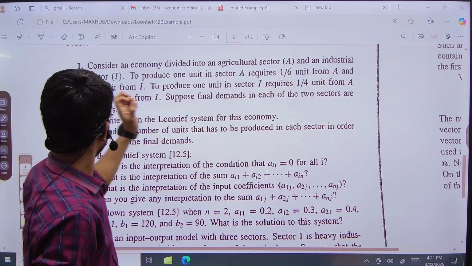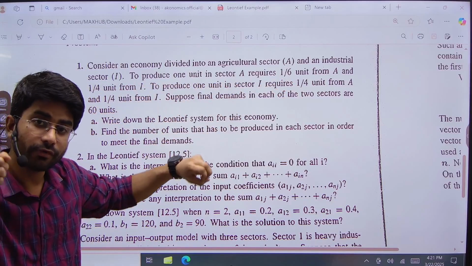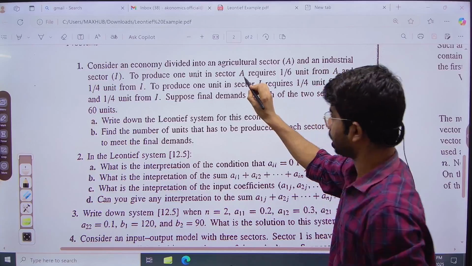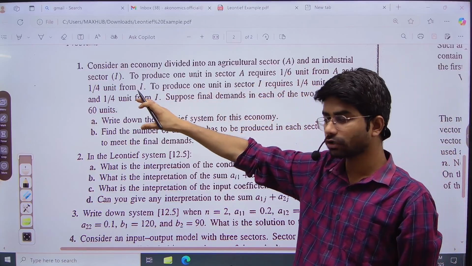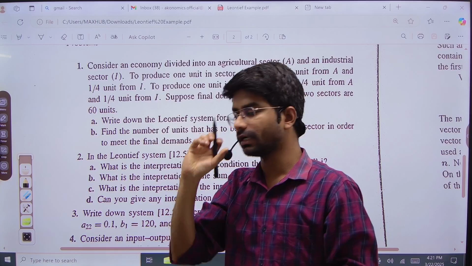Further, 1/4 of the requirement would be of I. That means to produce 1 unit of A requires 1/6 of A plus 1/4 of I. Okay? So that is internal demand.